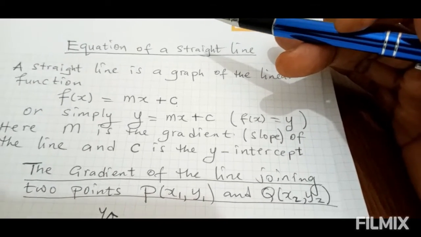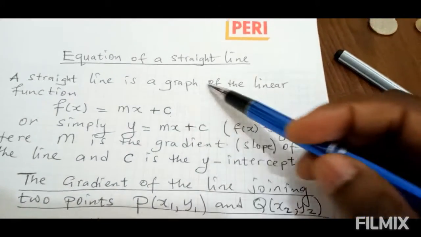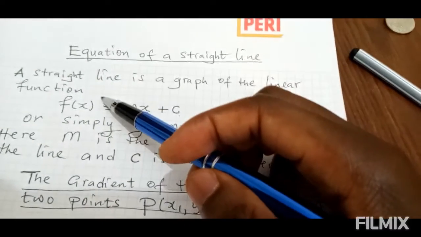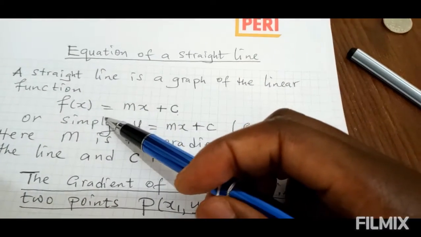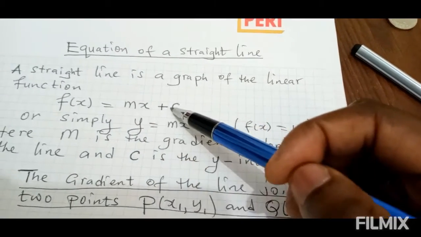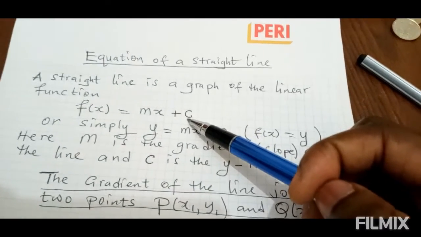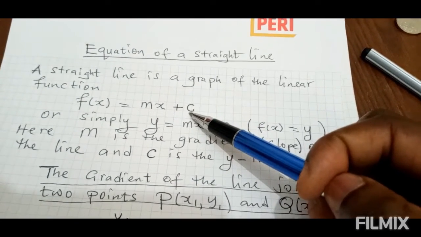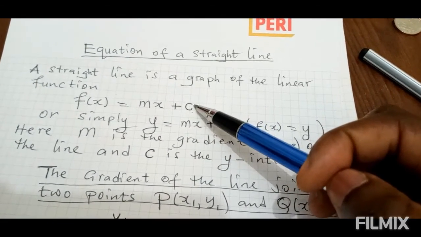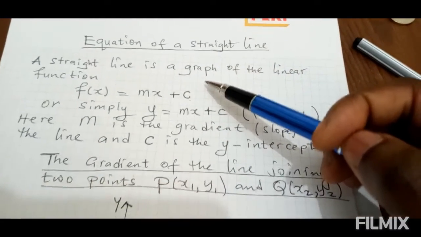A straight line is a graph of the linear function. This function is expressed as f of x is equal to mx plus c, where m is the gradient and c is the y-intercept. That is where the line crosses the y-axis.